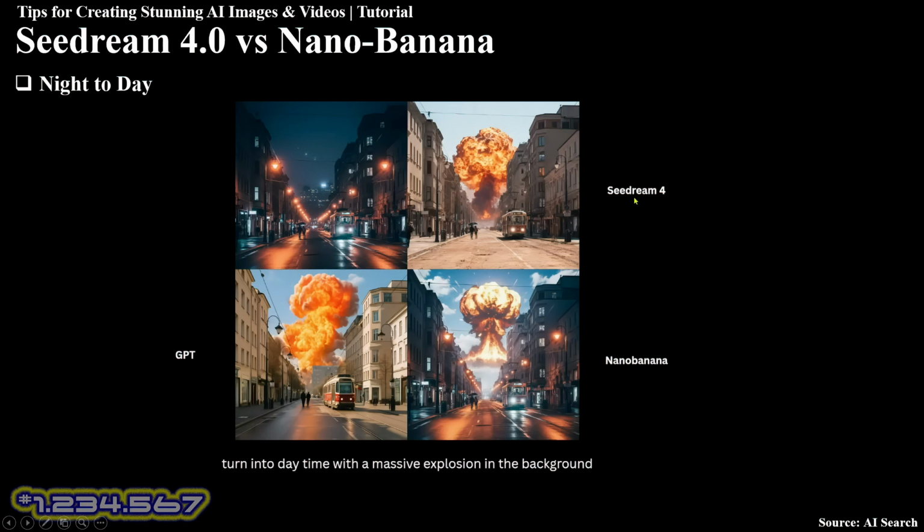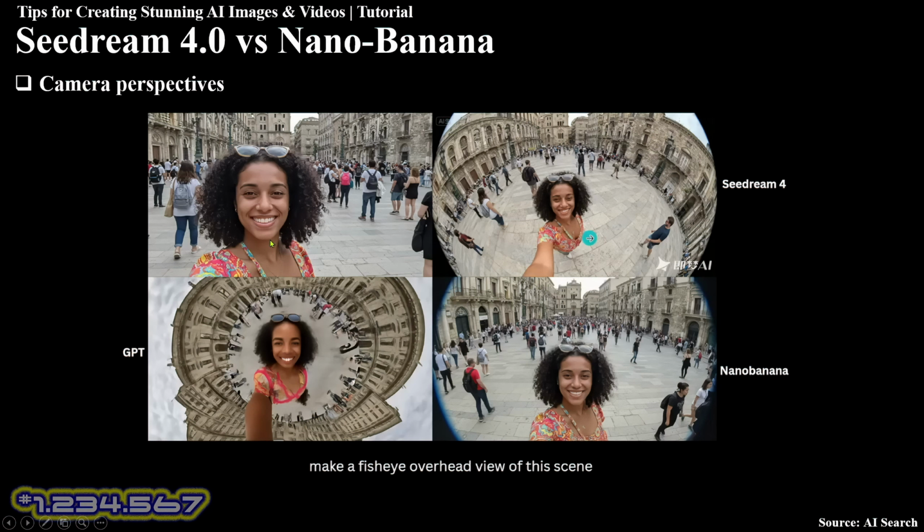Camera perspective. So start from the image, where she is using a camera to take a selfie, and there are a lot of people in the background, and the building also. So using Seedream, make a fish eye overhead view of this scene. So this is the overhead shot. We can see some of the people here. Somehow the girls here are still there.